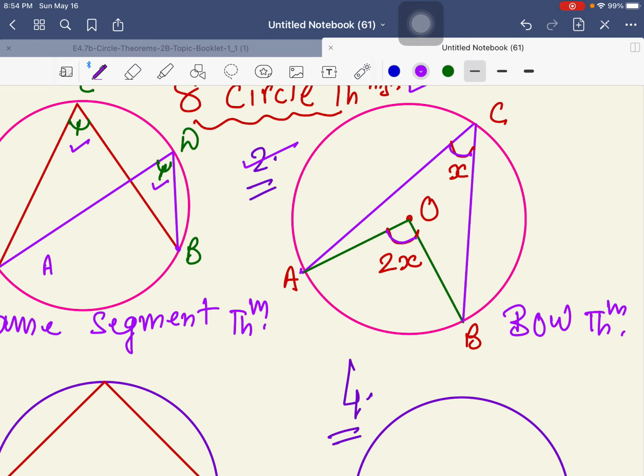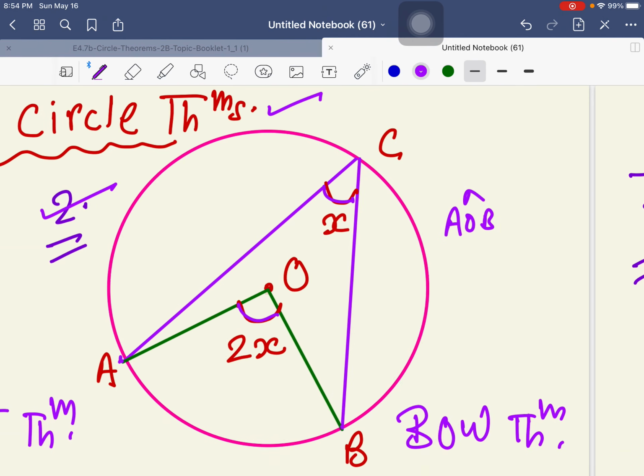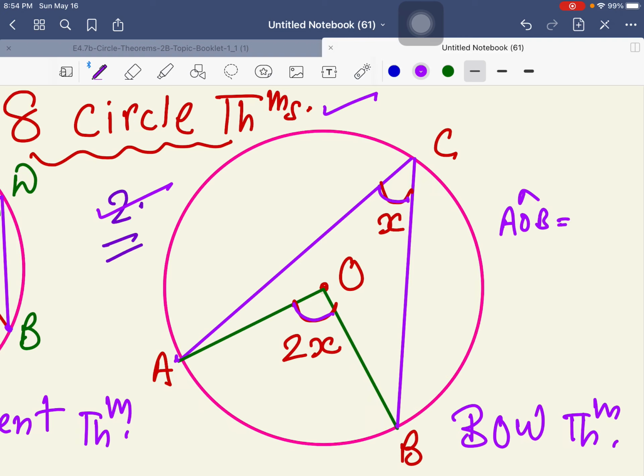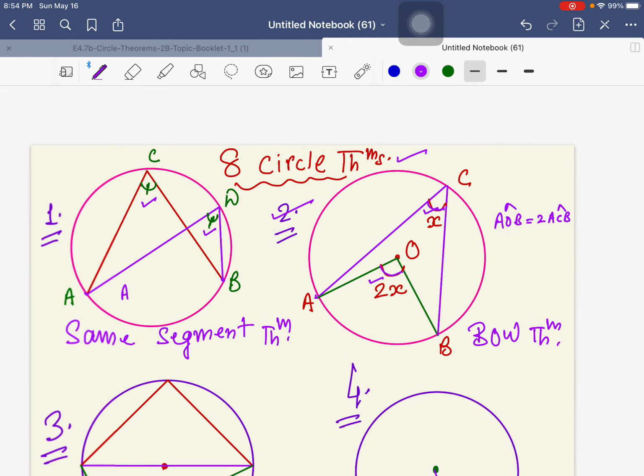Basically, the angle subtended at the center, in this case AOB, is twice the angle subtended at the circle. That means it is double the angle ACB. In other words, the angle subtended at the circle is half the angle subtended at the center. So we call this the bow theorem.